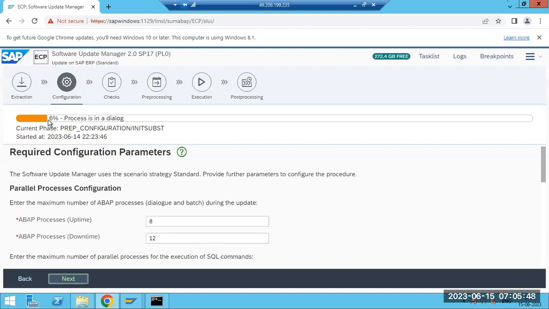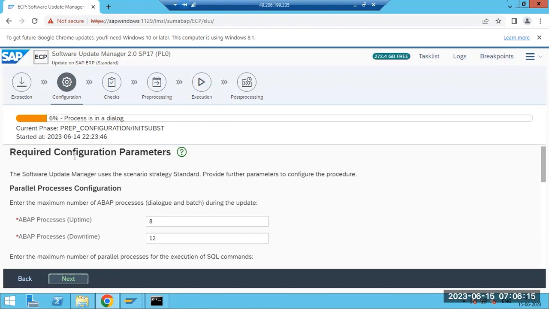Now we are in the configuration phase. Yesterday we went back two or three steps and implemented the nodes, so that step will also come now. After configuration come checks, pre-processing, execution, and post-processing.